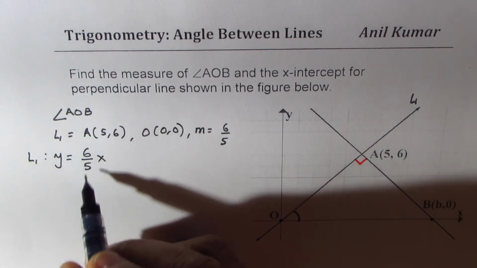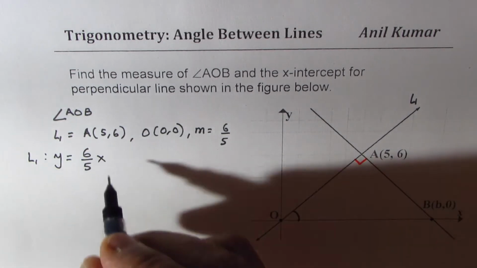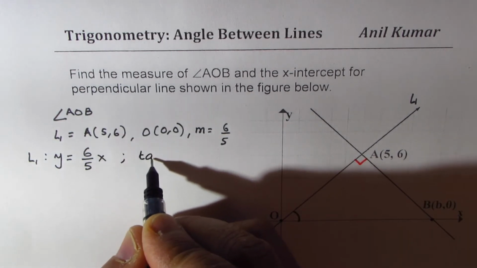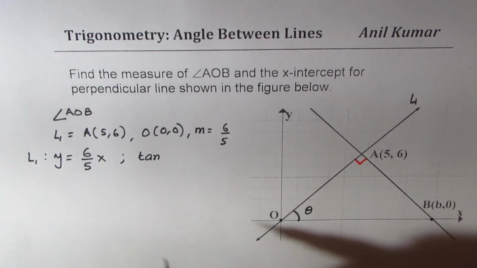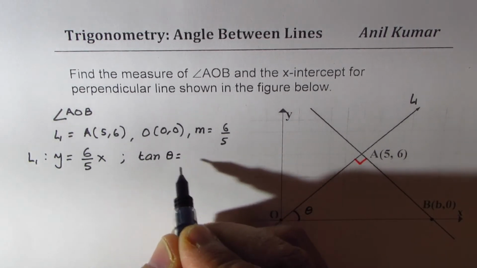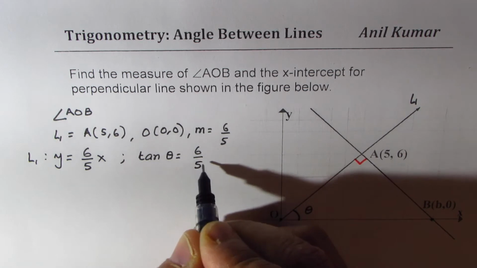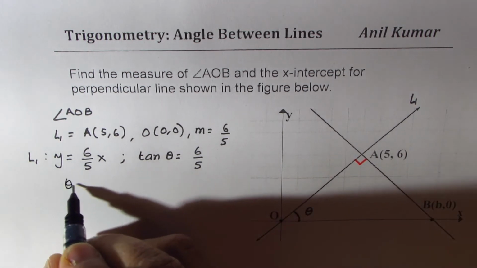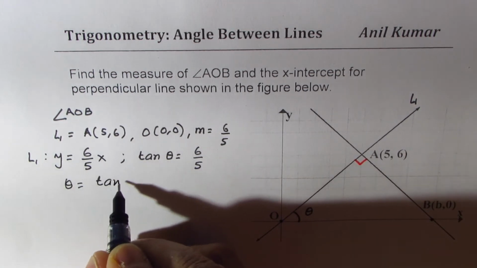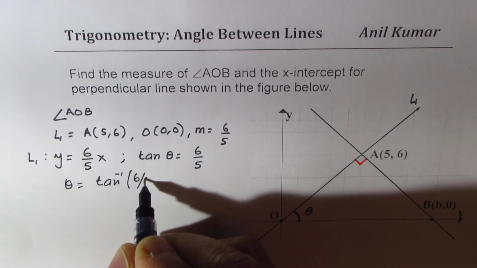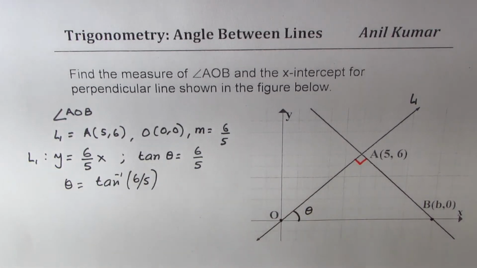Now since slope is 6 over 5, we can relate this with the angle and we get tan of our angle, let's call this angle theta, is equal to 6 over 5. So what is theta equal to? So theta is equal to tan inverse of 6 over 5. Correct? So let's find the angle first.